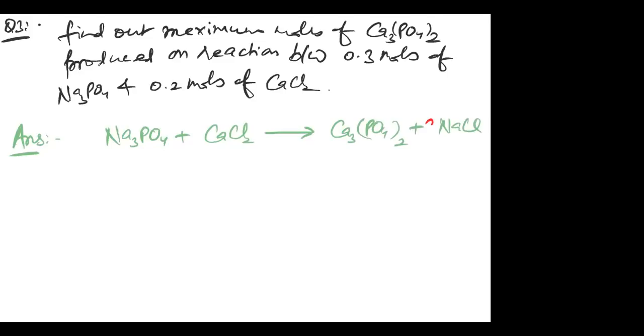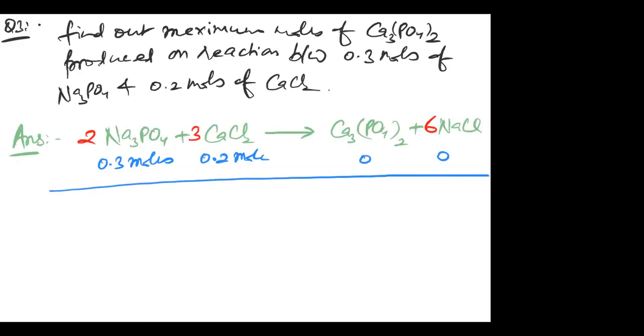To balance the reaction, it has to be first 2 here, 3 here, and 6 here in the balanced reaction. As per Na3PO4, it is given as 0.3 moles. CaCl2 is given as 0.2 moles. The products are 0 and 0. So 0.3 mole, 0.2 mole, 0 mole, and 0 moles.